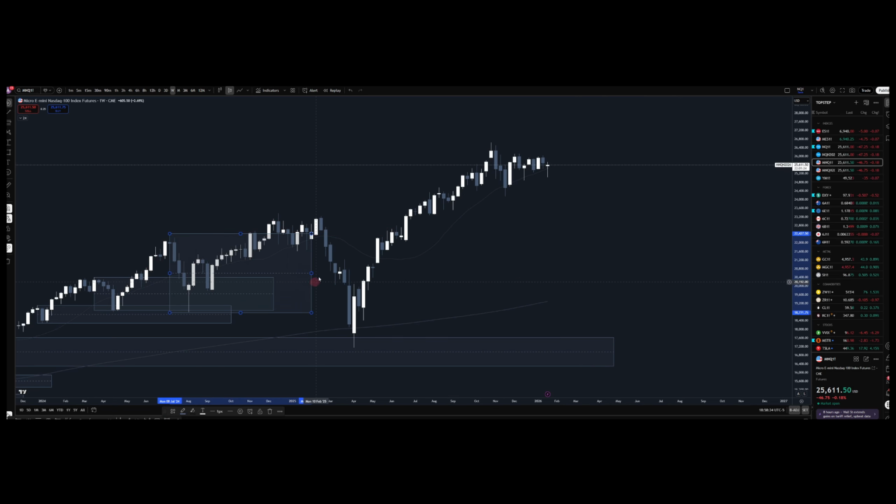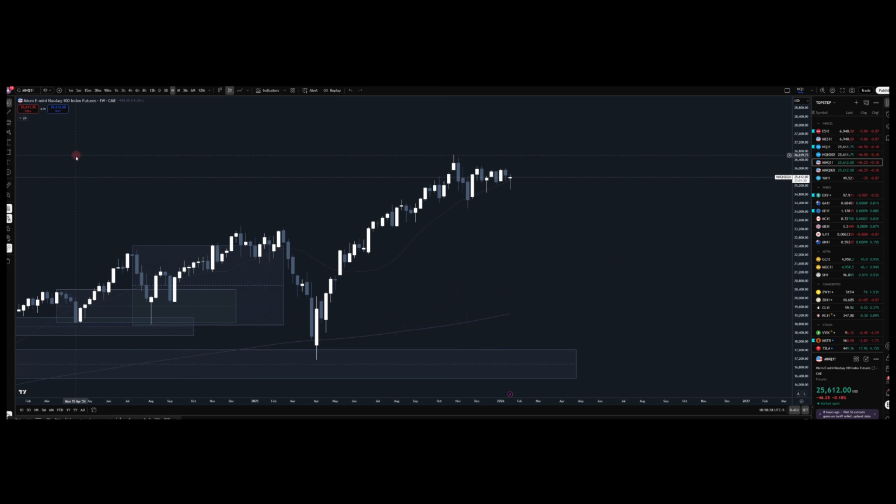Draw on this swing. And low swing here that caused the next breakout. Still respecting 50% until we come over to here from February.